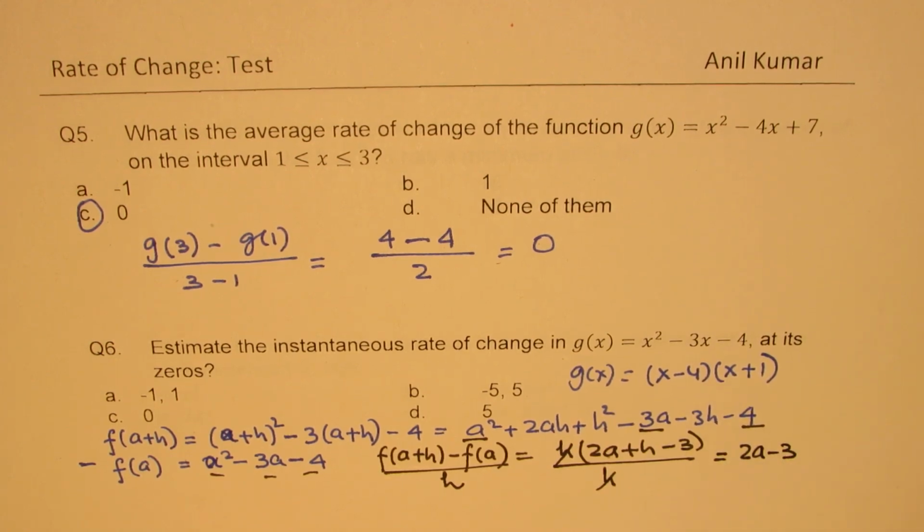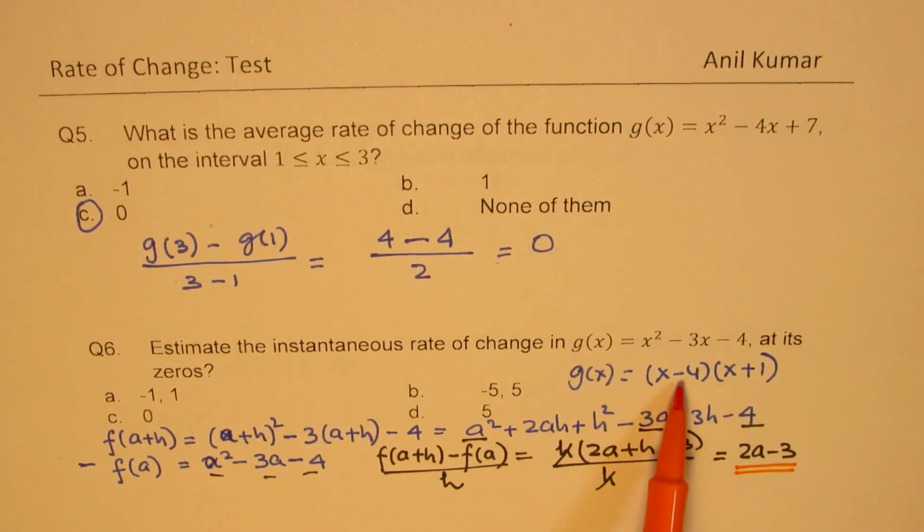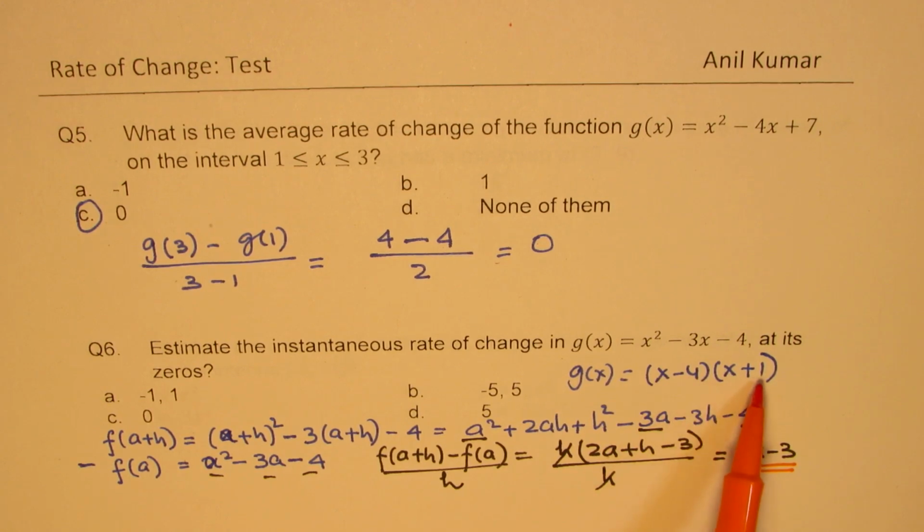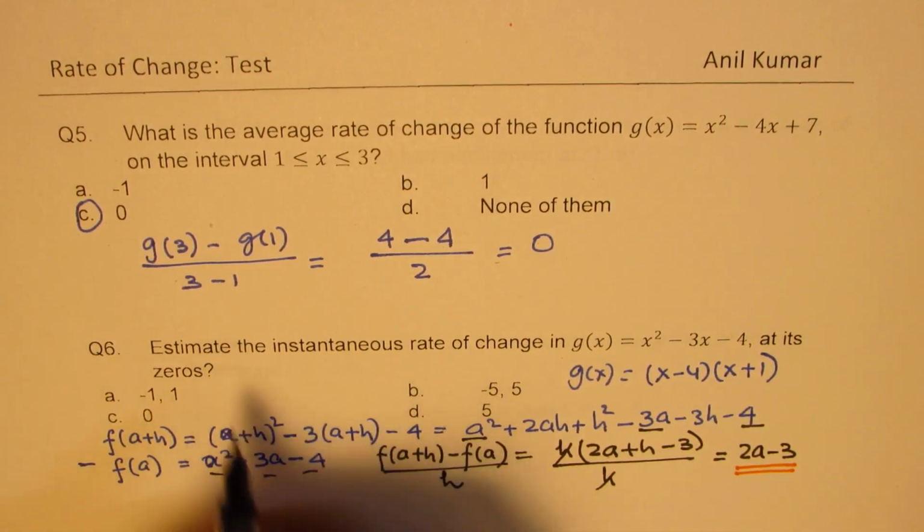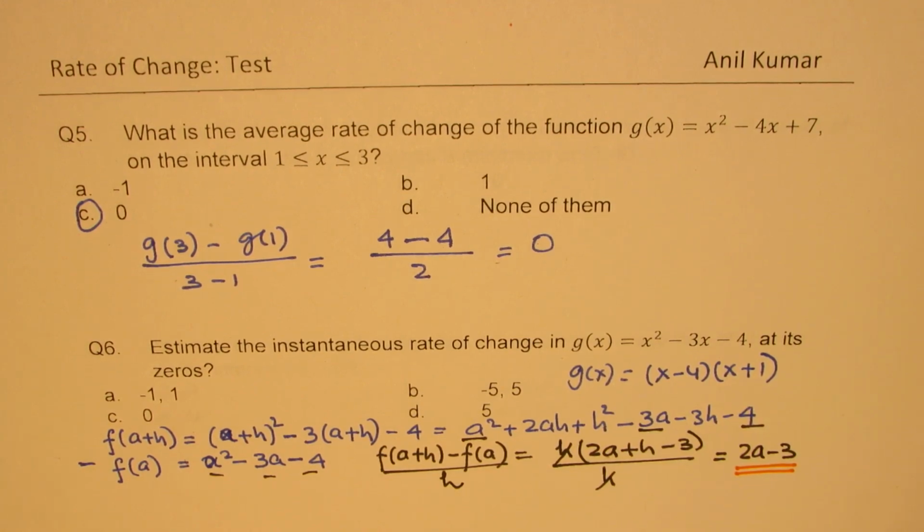Is that clear to you? So you have to show this work. There's less space, so I'm doing it in shortcut. So at any point it will be 2a minus 3. So one of the points is 4, the other one is minus 1. So let me just push this page a bit.